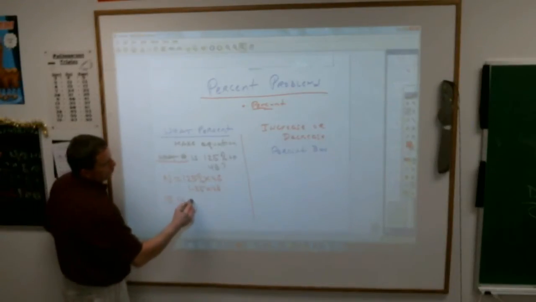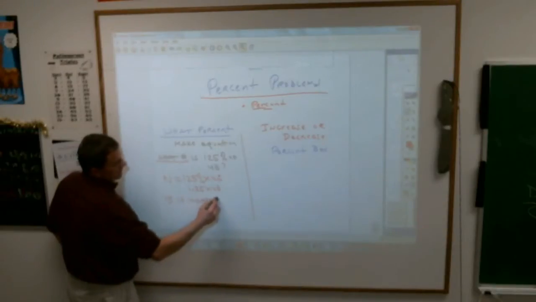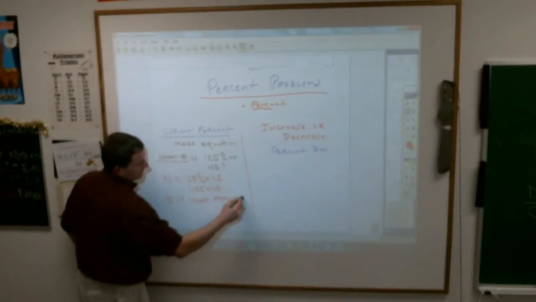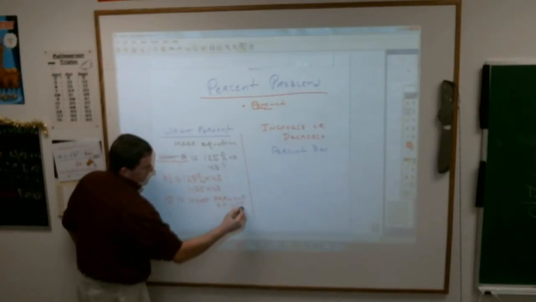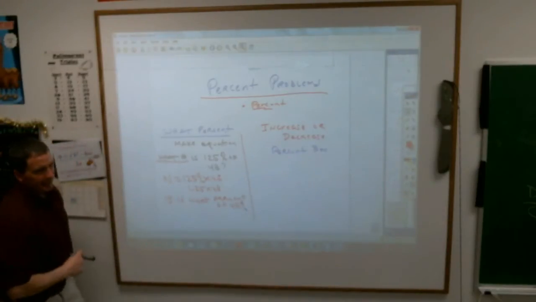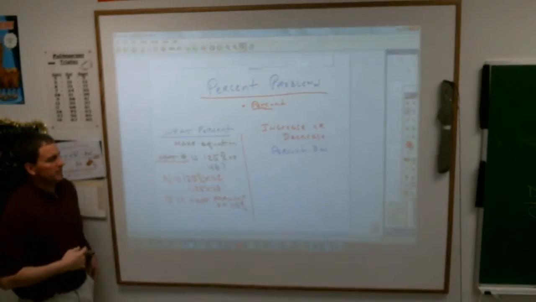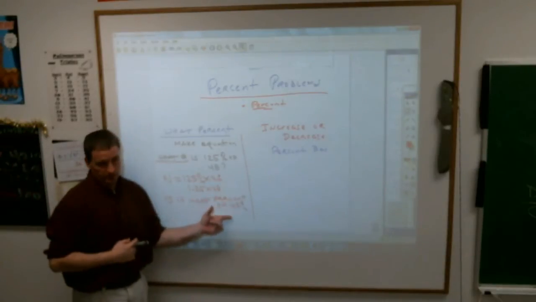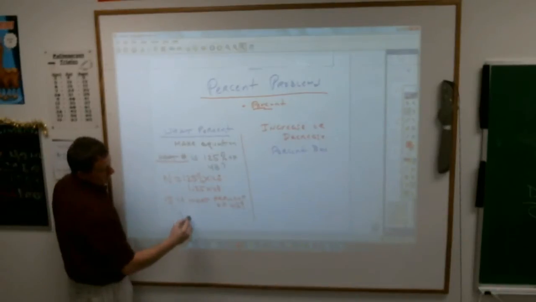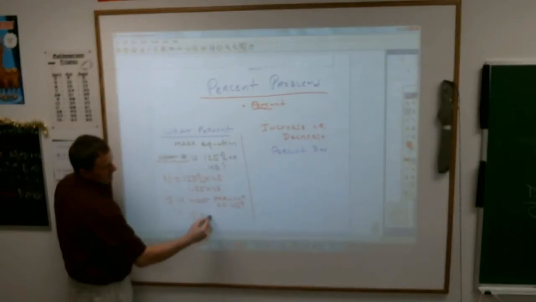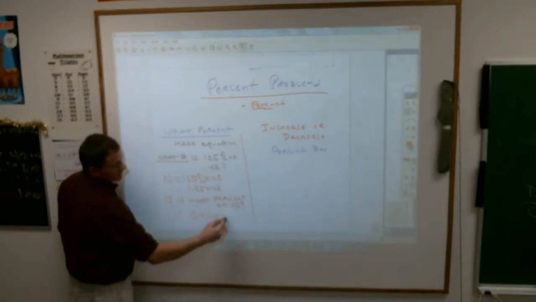15 is what percent of 45? This one's not a multiplication one, because you're missing one of the two numbers. You're given the answer, which is 15, and that is what percent of 45. But it's still an easy equation.